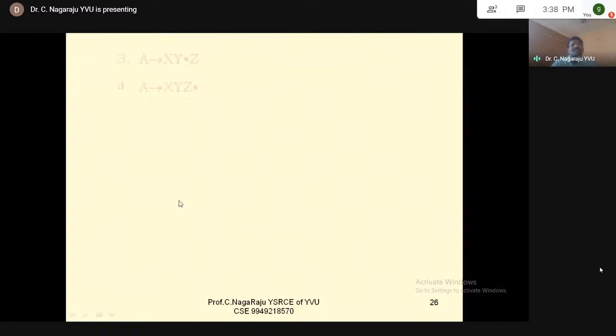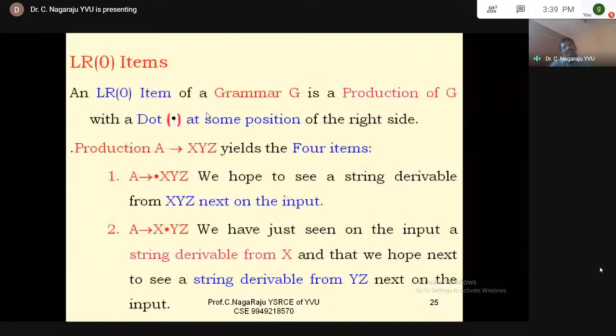Suppose A is equal to XY dot Z, here I have seen the productions of X and Y, but not the productions of Z. And here I have the productions of X, Y, Z. So this is the final state. We can call it a final state. In the augmented grammar, these kinds of things are called LR items.